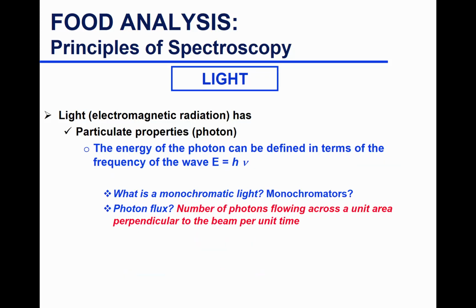A photon flux is the number of photons flowing across a unit area, perpendicular to the beam. So here's the beam, here's the unit area. How many photons are hitting that area per unit time is what it is.